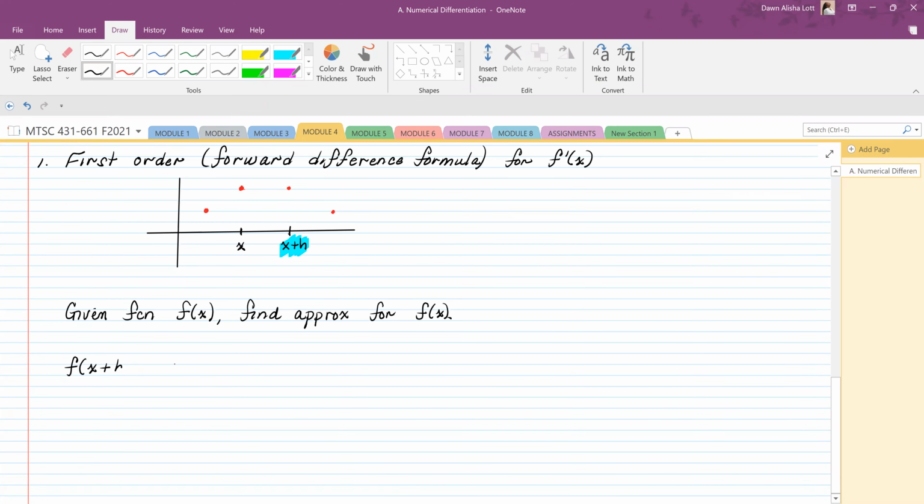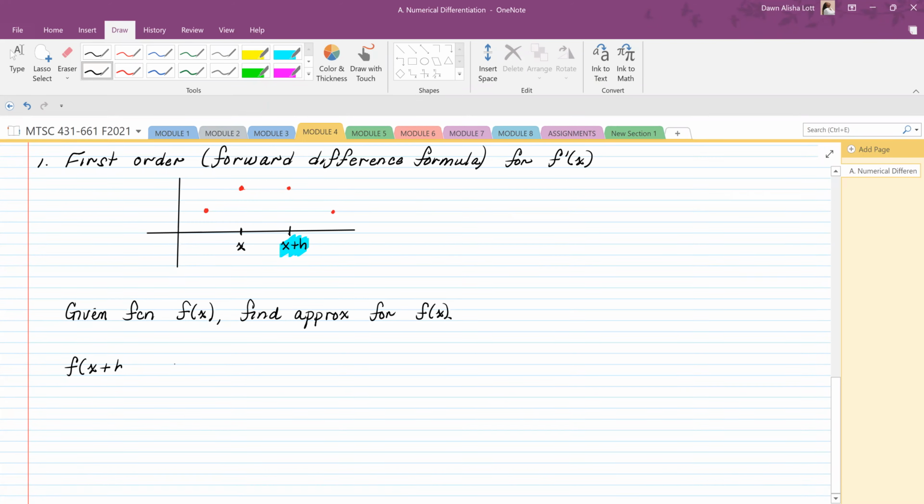So I now want to solve for f prime of x. Here is my f prime of x, and this is what I need to solve for. So I'm going to move everything else to the other side.